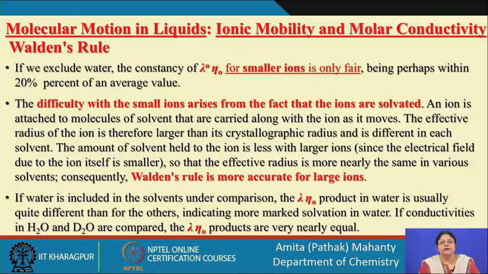So, in the next class, we are going to discuss what is the reason for the molar conductance of an electrolyte having a dependence on the square root of the concentration of the electrolyte in terms of molar concentration. Why does it depend on root C? Why does the molar conductivity depend on root C, where C is the molar concentration of the electrolyte?